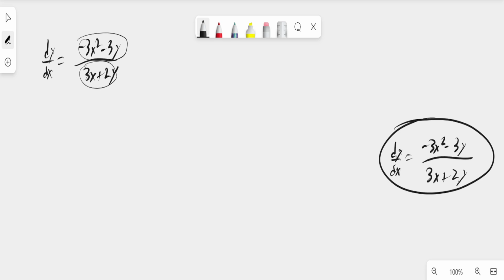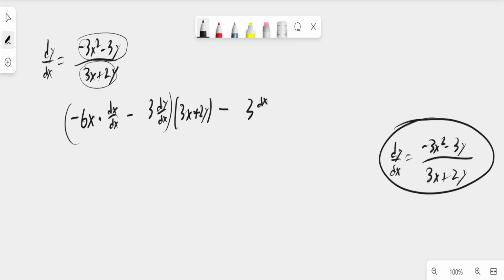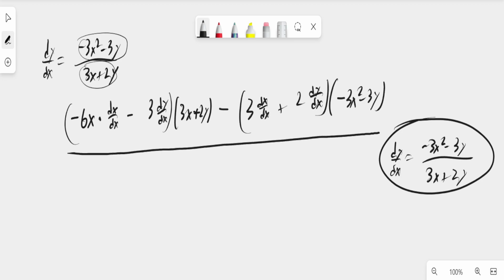So we would take the derivative of the top, which is negative 6x times dx dx minus 3 dy dx, times the bottom, 3x plus 2y, minus the derivative of the bottom, 3 dx dx plus 2 dy dx, times the top, all over the bottom squared, 3x plus 2y squared. And these cancel out to 1.